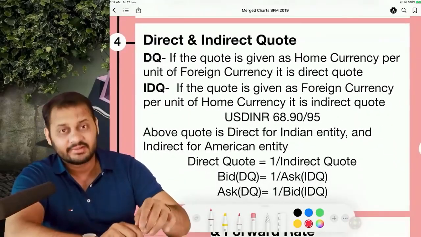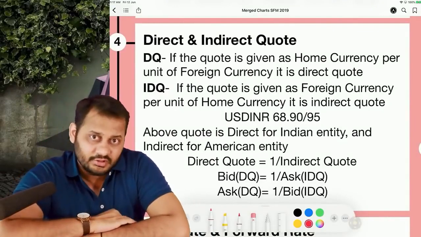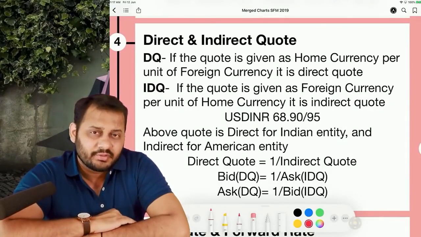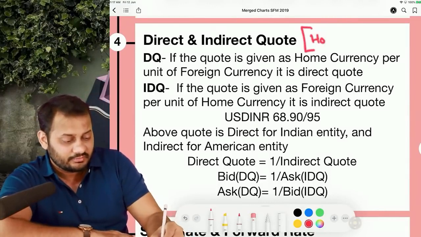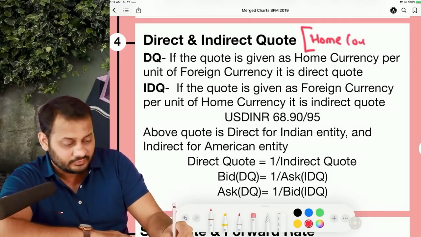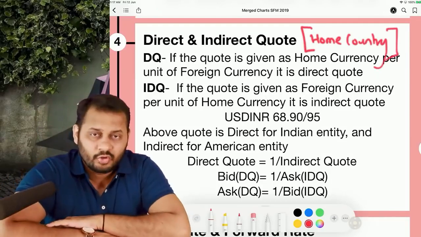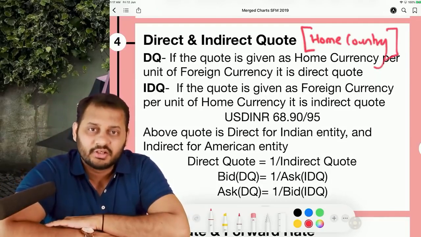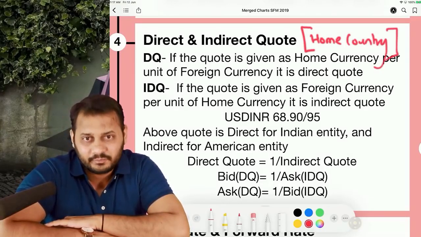Next comes the direct and indirect quote. What is the most important part while interpreting direct and indirect quotes? Which is my home country and which is my foreign country? Home country or domestic country, we can call it anything, and the second is the foreign country.